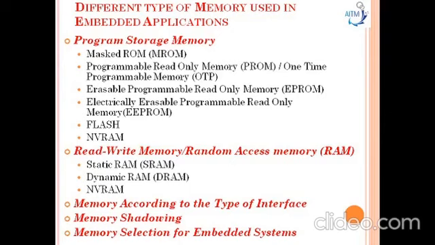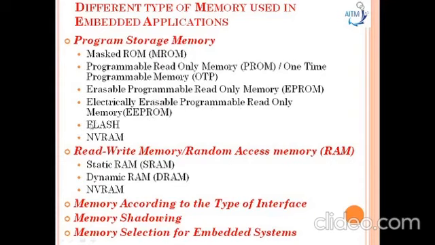So the first type is the masked ROM, that is MROM. Then the programmable read-only memory, that is PROM, and one-time programmable memory, OTP memory. Then erasable programmable read-only memory, that is EPROM. Then electrically erasable programmable read-only memory, that is EEPROM.